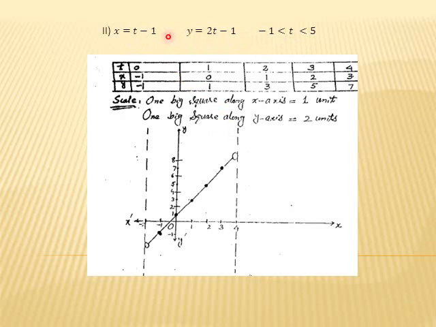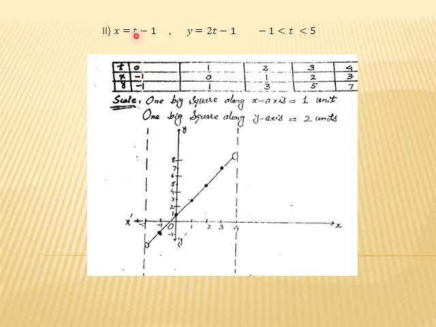Okay, next question, t is greater than minus 1 and less than 5. I'm just taking the values greater than minus 1: 0, 1, 2, 3, 4, because t is less than 5. x is depending on t and y is depending on t minus 1. Now look at this.